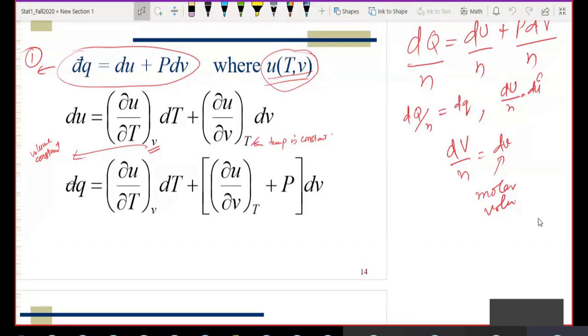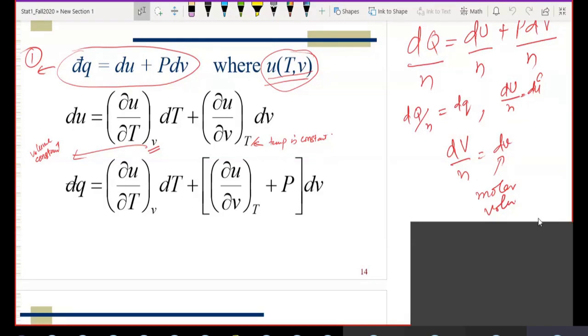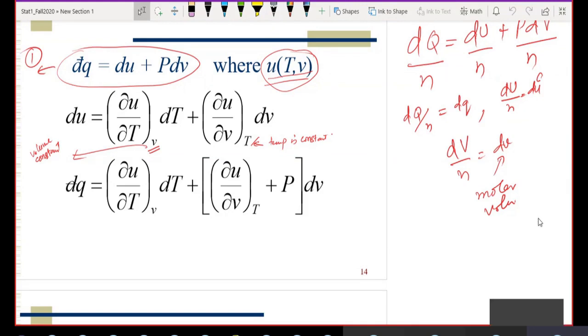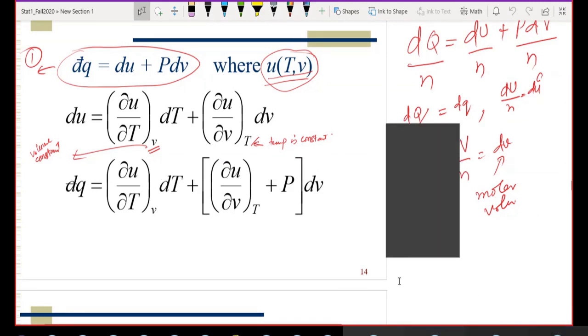So अब आपको यहाँ पे सब्स्टिट्यूट करनी पड़ेगी वो. Okay. So you have to take this value of du and put it back into equation 1.